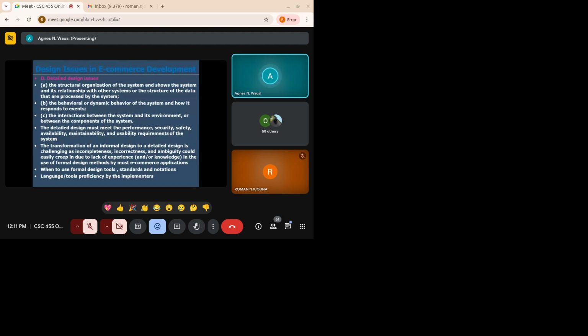And of course, you start seeing again the tools you select vis-a-vis how well the team knows them becomes an issue also in terms of your detailed design.